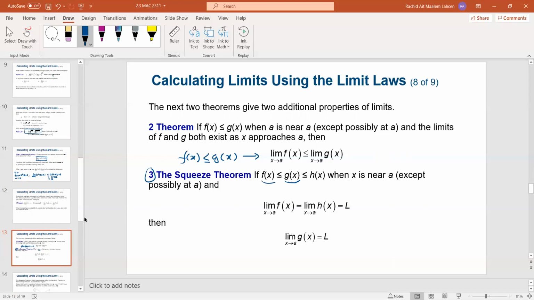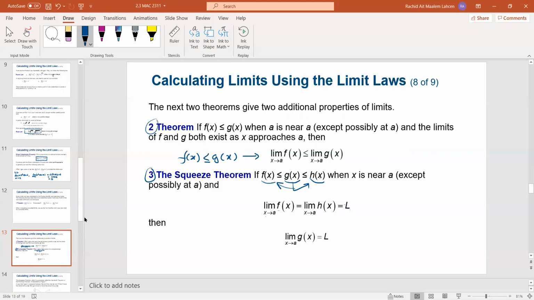But you know the limit of f of x as x approaches that value, and you know the limit of h of x as x approaches that value. And they're both equal to L, right? So it's like you have the upper bound and the lower bound, they're equal to the same L. And this g of x is in between, right?